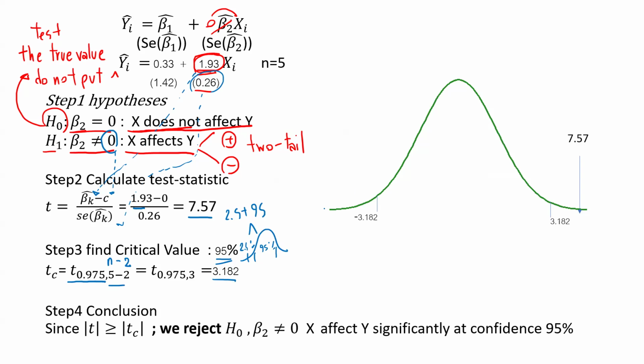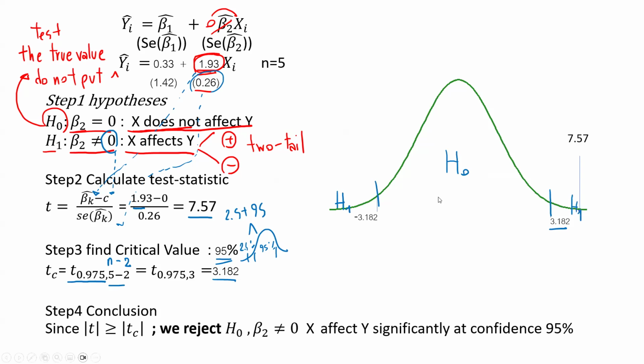After the third step, you get the critical value t. I recommend you to write down a normal distribution and then put the critical value here. Because it's two-tail, you have to write both positive and negative, left and right. This is the rejection region, H1.